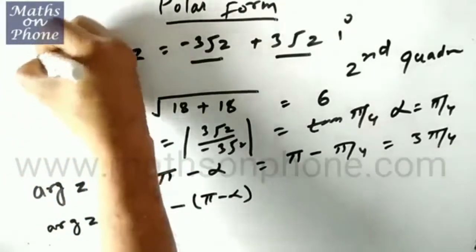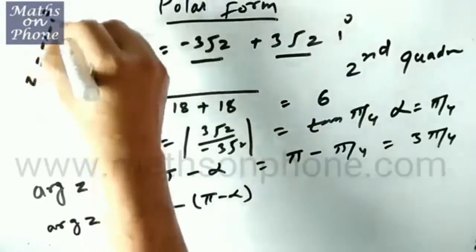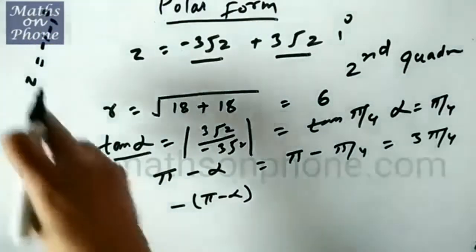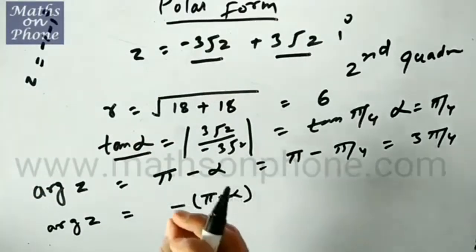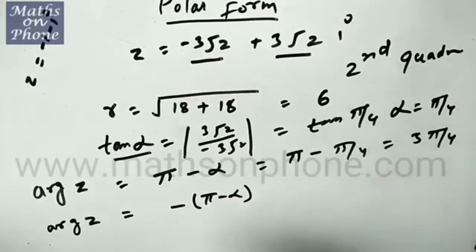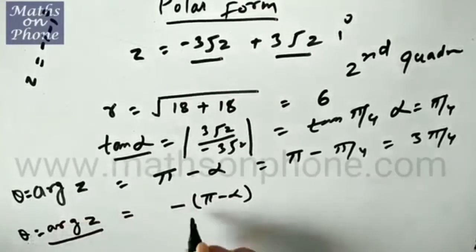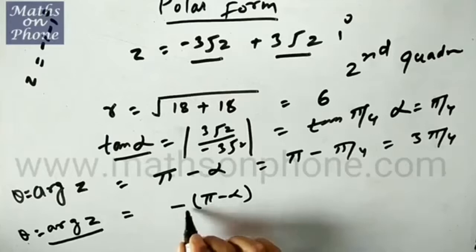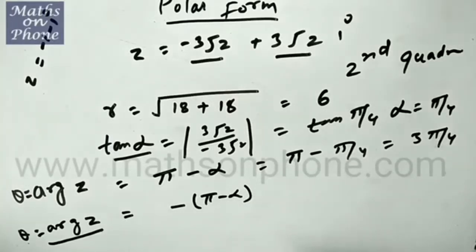Suppose Z is equal to minus 1 minus i. So A is negative, B is negative, both negative. You will find tan theta is equal to 1. That means tan alpha is 1, so alpha is pi by 4. In that case, the argument theta will be minus of pi minus alpha, minus of pi minus pi by 4. So you will get the argument.